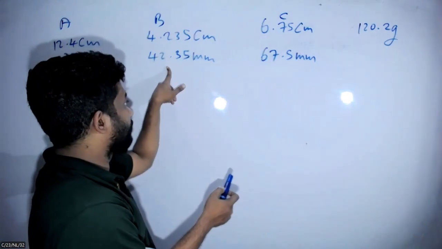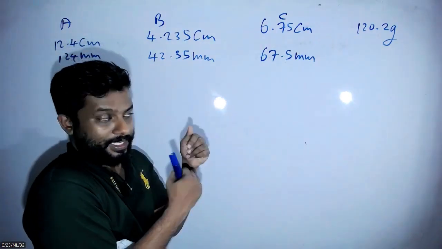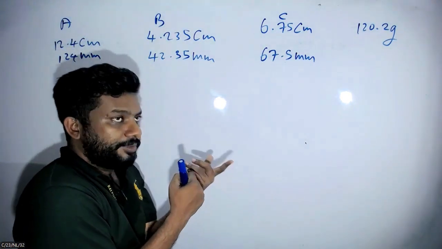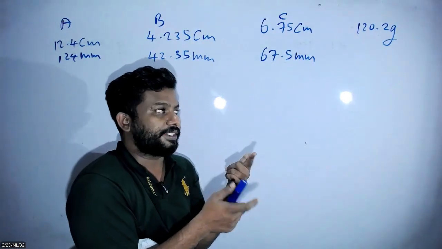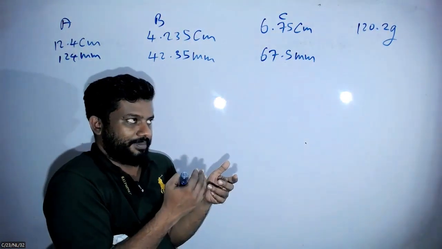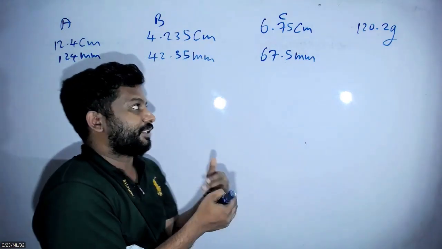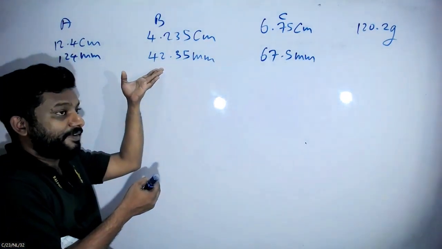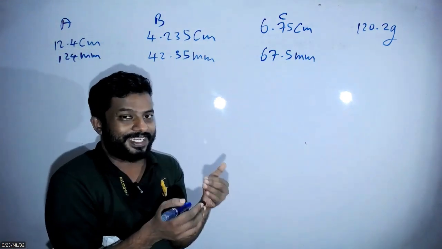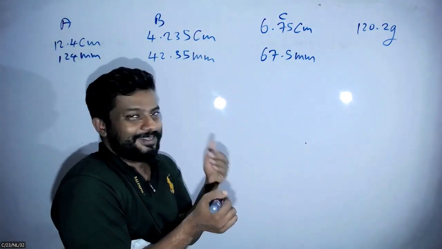Therefore, this measurement you cannot obtain by using spherometer. When using micrometer screw gauge, you can obtain measurements up to 2.5 centimeter, 25 millimeters. Therefore, this measurement should be taken by using traveling microscope.